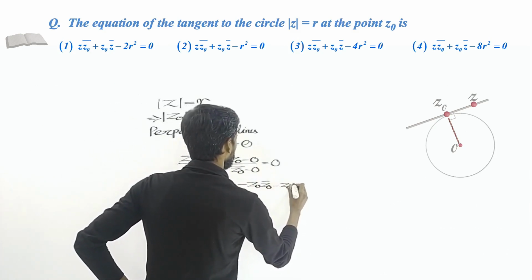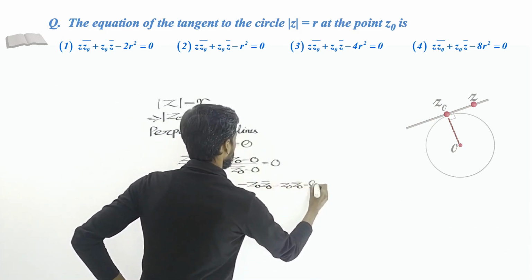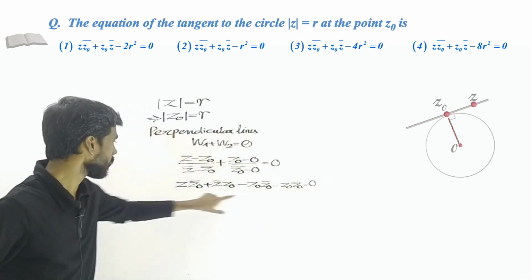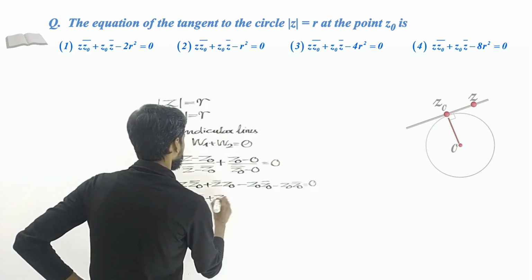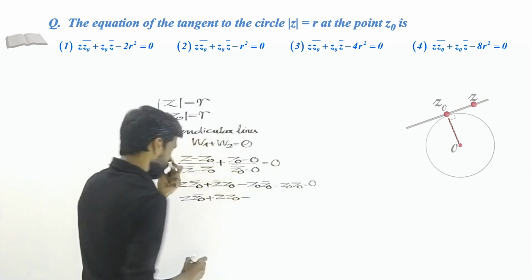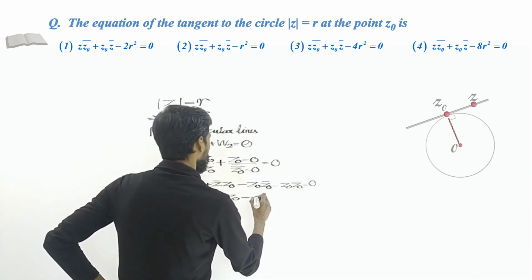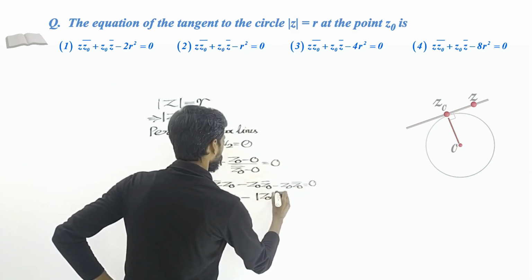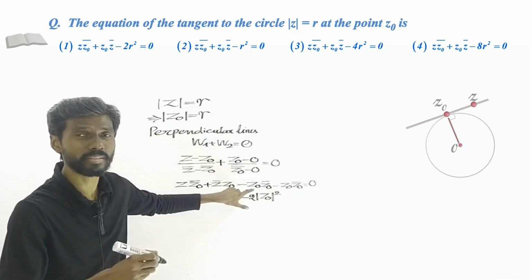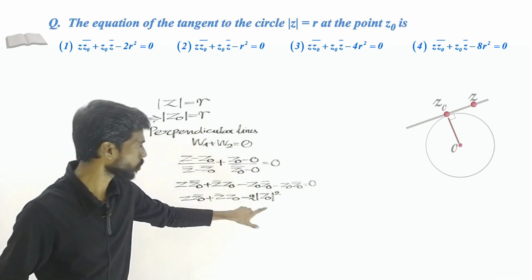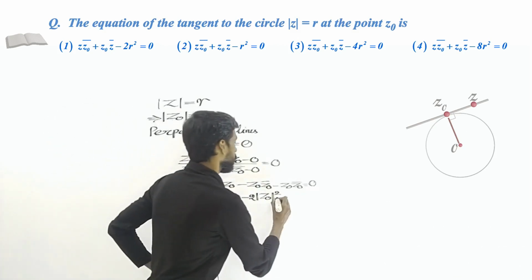So same thing, you can write it as 2 times z0 bar plus z bar z0 minus modulus of z0 square, that is 2 times. z z bar is modulus of z square, so mod z0 square, so equals 0.